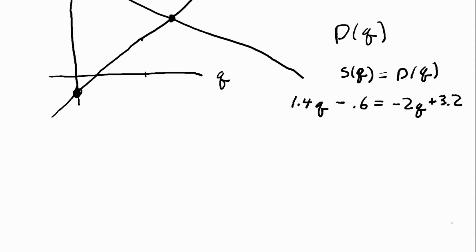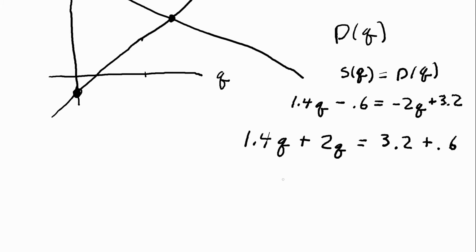So I will add 2Q to both sides, so we get 1.4Q plus 2Q is equal to, now I'm also going to add 0.6 to both sides. So that is what gets us to this point, plus 0.6.